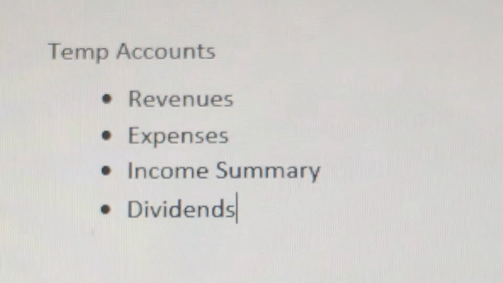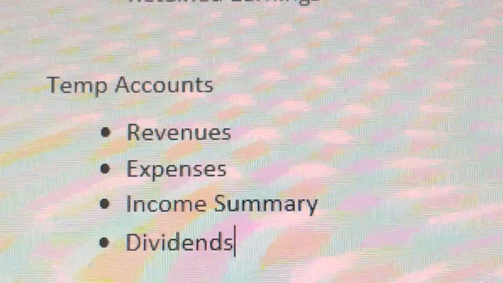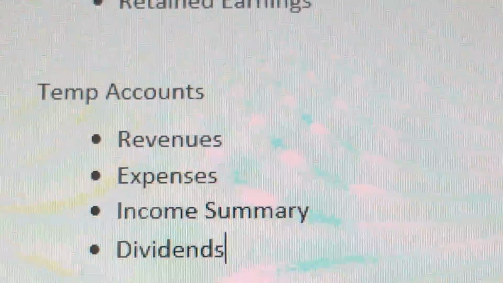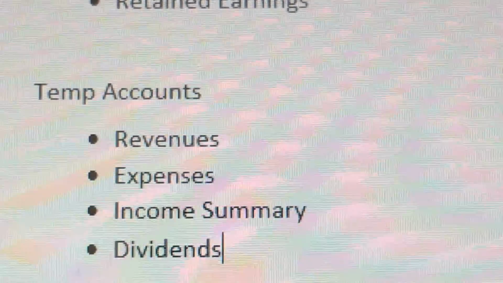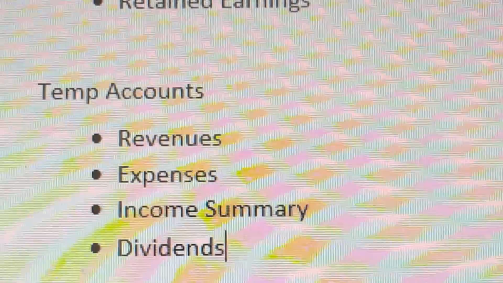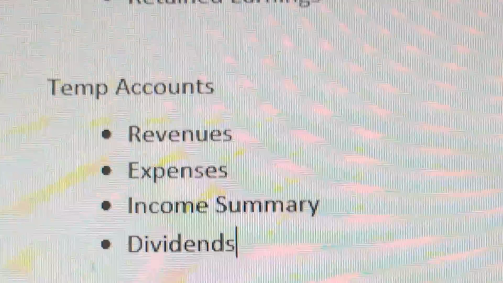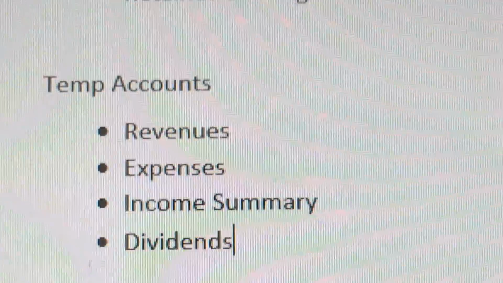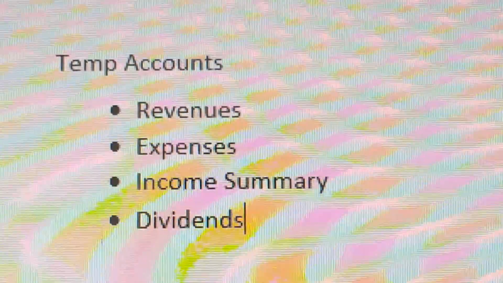Well, if revenues have a credit balance and we want that account to say zero, then what must we do to that account? We must debit it to make it zero because debits and credits are never added together. If expenses have a debit balance, how would we make those accounts zero? We must credit them because again, debits and credits are never added together.